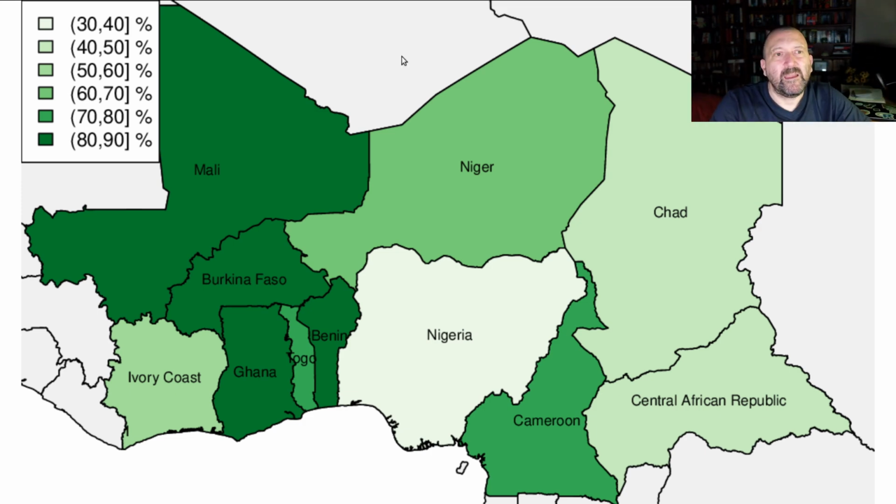And that's in terms of the percentage of kids who had received 3 doses of the oral polio vaccine at the end of 2002 or 2003, I can't remember, thereabouts. And you can see that there are countries that are doing quite well. I mean, this is 80 to 90% of vaccination. There are countries that are not doing so well, and Nigeria stands out here as being very low vaccination coverage.